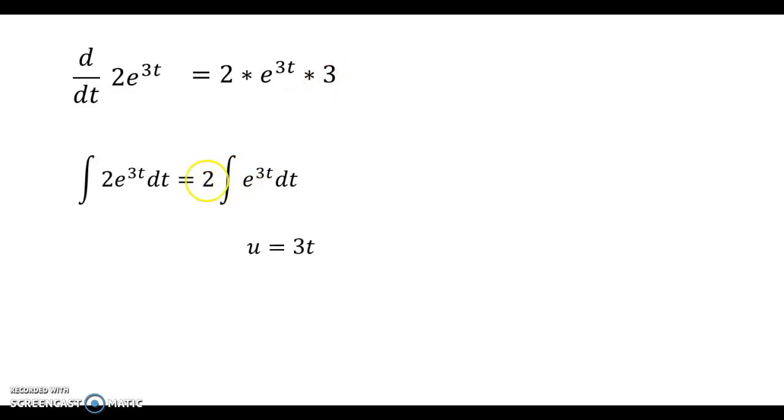Okay, first step, u is going to be whatever the function is in the exponent. In this case, it's 3t. Then du will be 3 dt. We're just looking at dt, so let's solve for just dt and get 1/3 du equals dt.